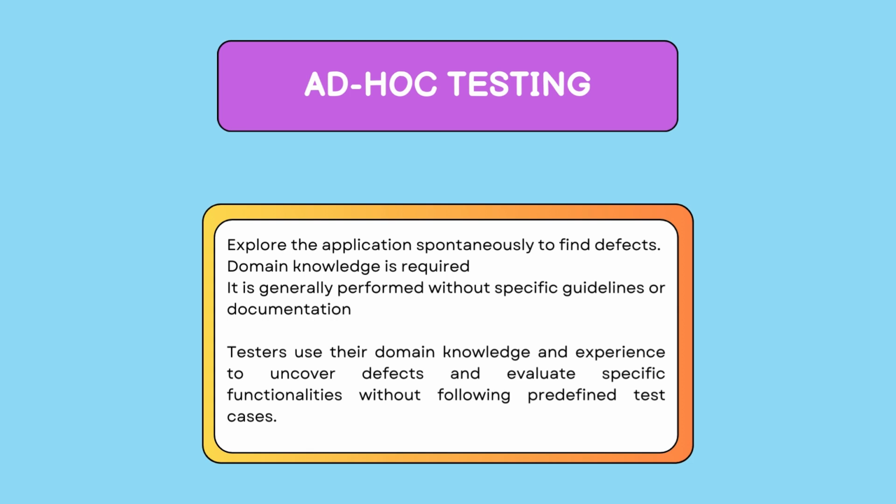So testers use their testing knowledge and experience to test the application spontaneously to uncover defects and bugs. Here also testers are not taking the help of any predefined test cases or documents. Based on your previous testing experience, you test the software spontaneously. That is nothing but ad hoc testing. Hope you understand all three testing terminologies.